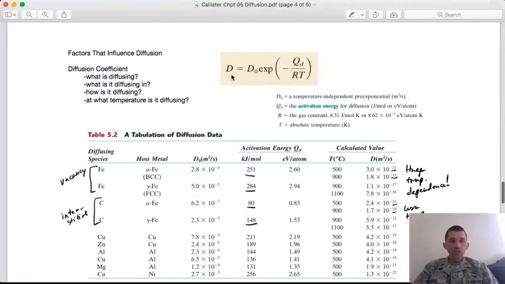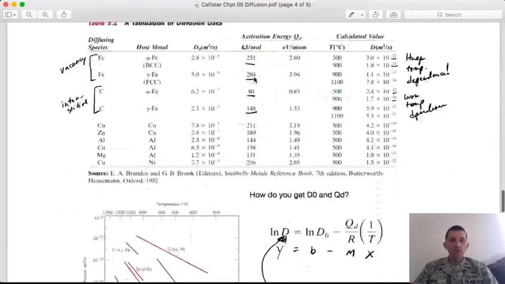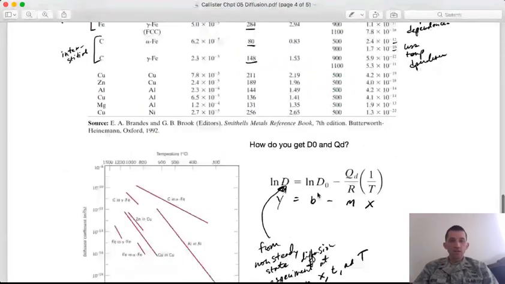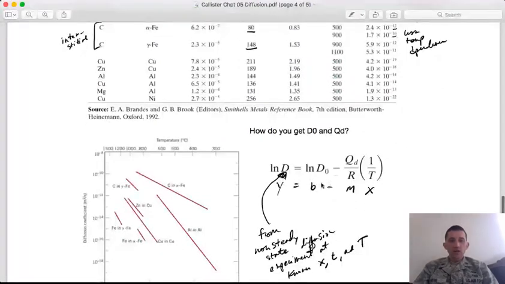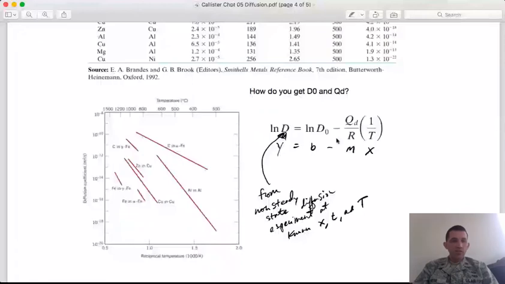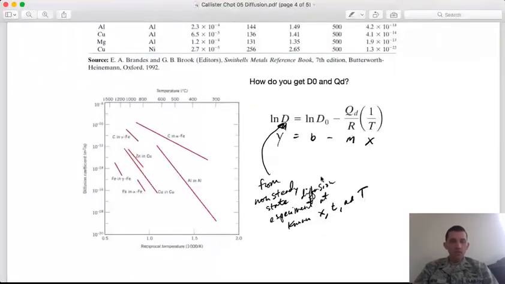If I take the natural log of both sides, I get the natural log of D and the natural log of D naught. The natural log cancels the exponential, and so then I have this term here by itself. If I look at this carefully, this looks like a constant, and here's another constant. And then if I look at my x variable as being 1 over T, then I have this point slope form for my expression.